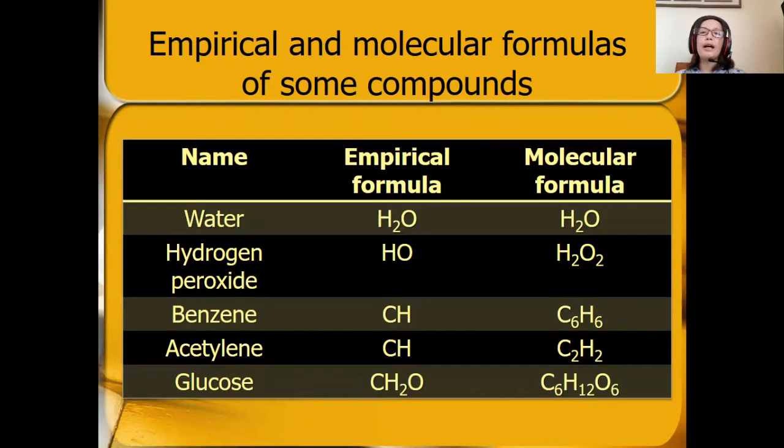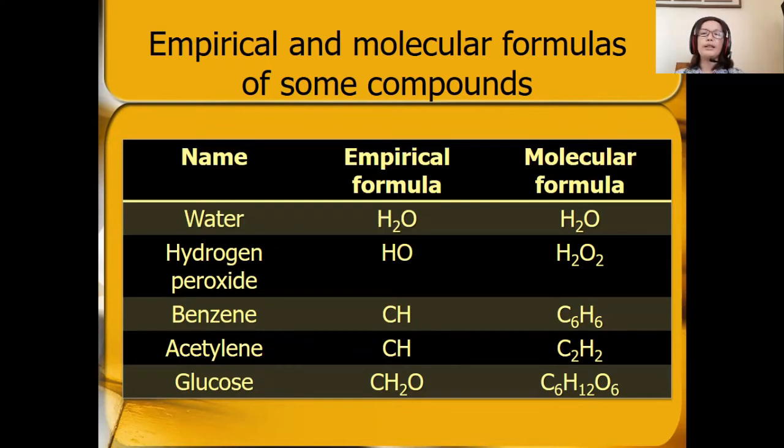But when you look at hydrogen peroxide, or agua oxinada, its actual or molecular formula is H2O2. But looking at the ratio of hydrogen and oxygen, which is 2:2, that's not the smallest whole number ratio, but we can simplify it to 1:1, and therefore its empirical formula is HO.